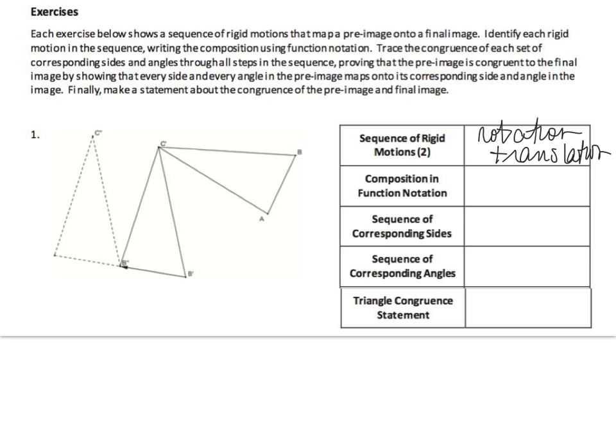Composition in function notation. Remember, we are on the inside first, so a rotation about C, and at this point you would need your compass to measure from here to there. I'll tell you it's 90 degrees of triangle, let's name the triangle correctly, ABC.